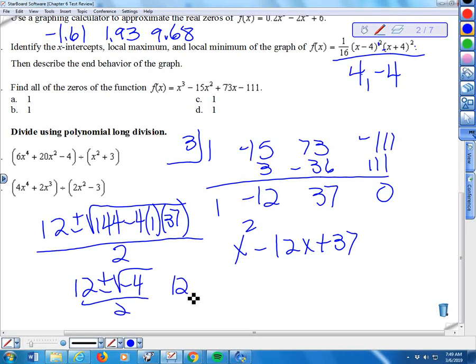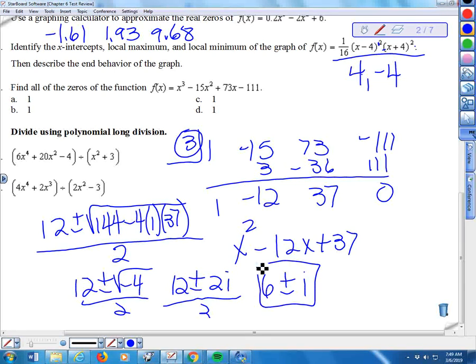So that's 12 plus or minus 2i all over 2, which is 6 plus or minus i. So my zeros are 3 and 6 plus or minus i.